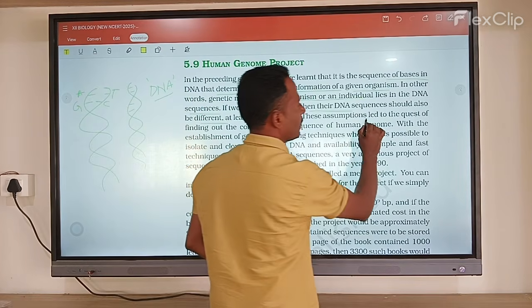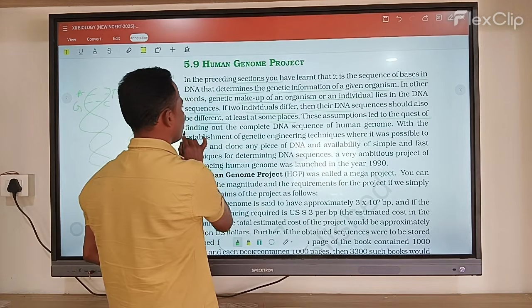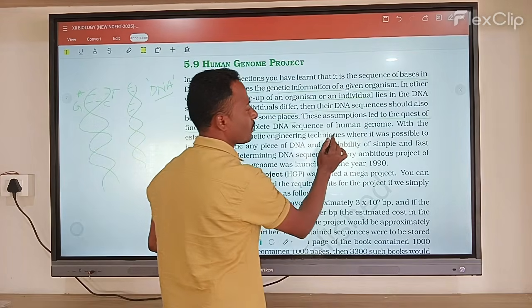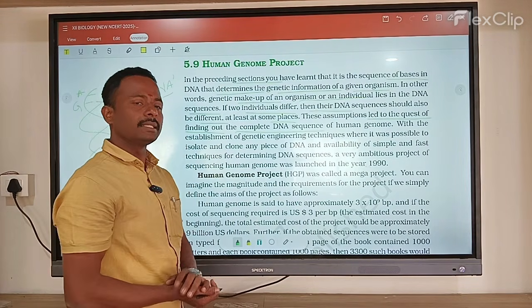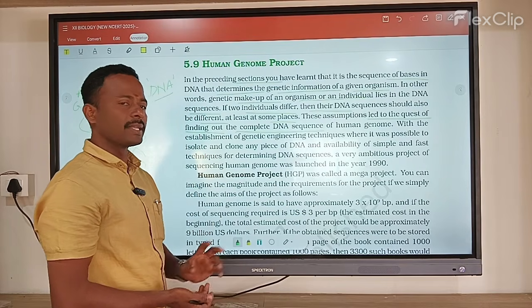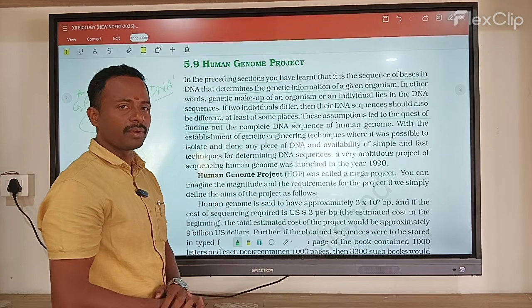This led to the quest of finding out the complete DNA sequence of the human genome. Based on the DNA sequence, you can easily identify which organism's DNA it belongs to.